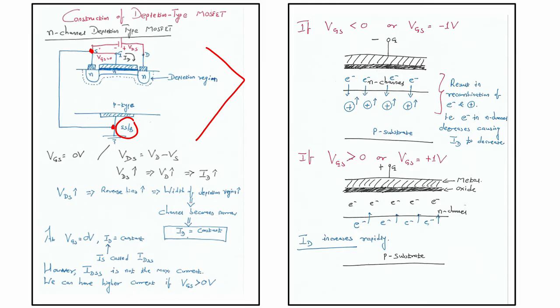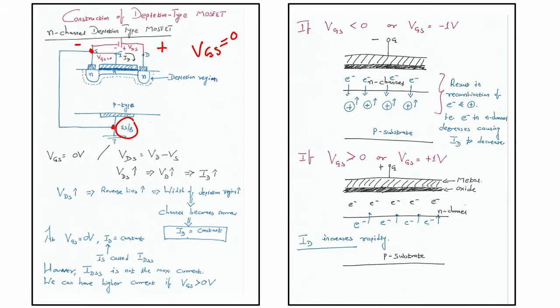We are applying VDS where the drain is more positive compared to the source, and in this condition the gate is directly connected to the source. That means that VGS is 0.